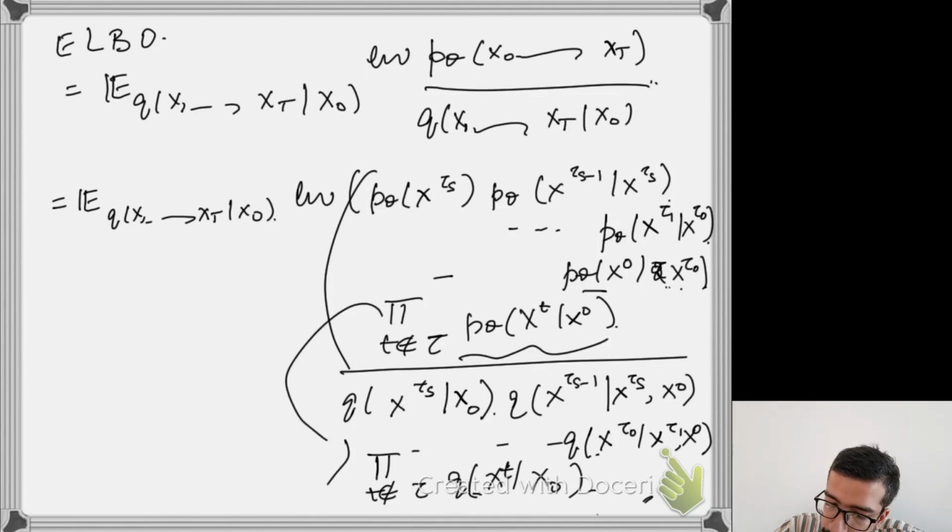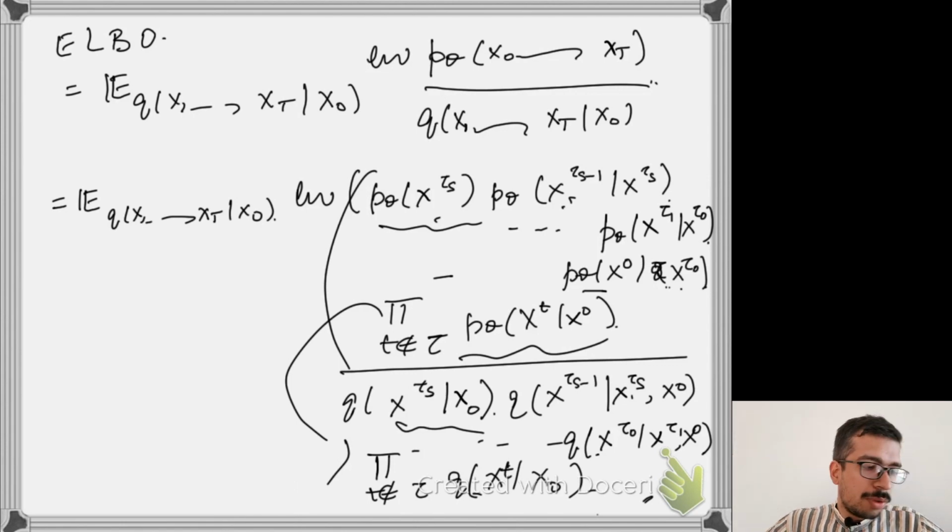For every t I'll combine them together, and so I'll combine p theta of x tau s with q of x tau s given x naught, and then all these terms p theta of x tau i minus 1 given x tau i, I will combine with q of x tau i minus 1 given x tau i and x naught. And then I'm again going to get those KL divergences, and then I have to model the p theta distribution appropriately to give me the same sort of objective function.